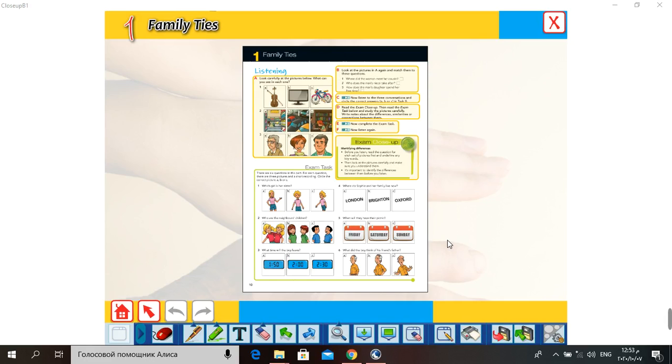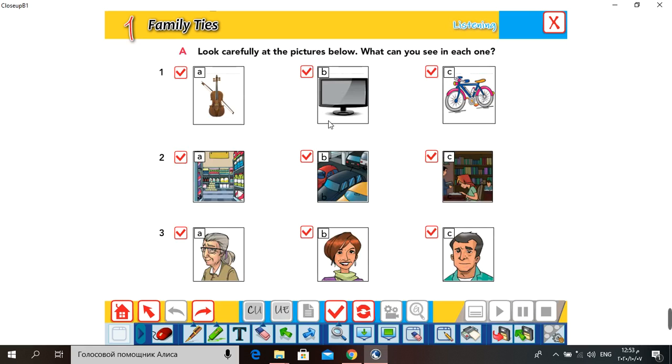In this video, we're going to proceed with the next part of Unit 1, Family Ties from Close-Up B1. In this part, we're going to discuss the listening part. I need you to have a look at these three sets of pictures, 1, 2, and 3, and try to think.